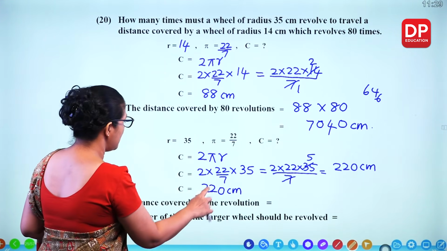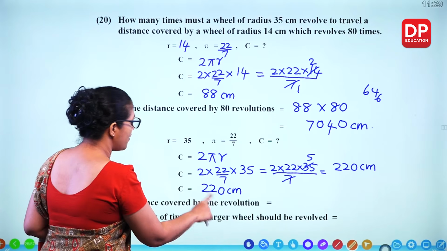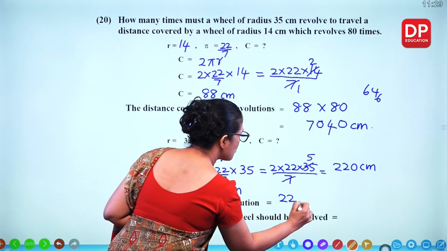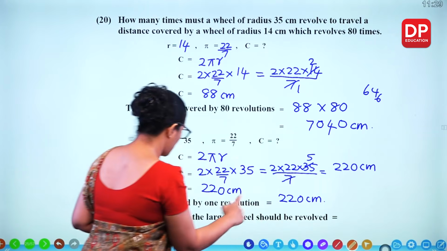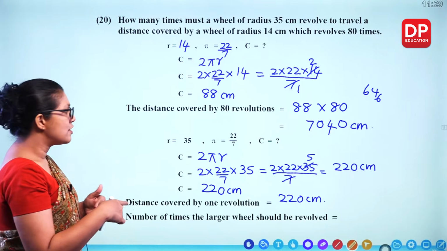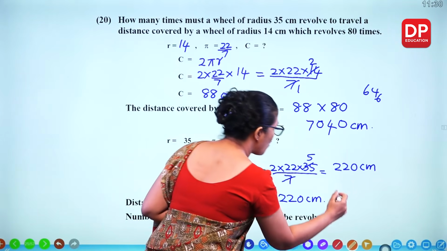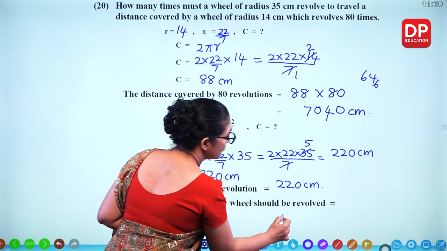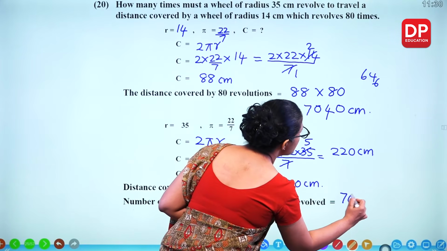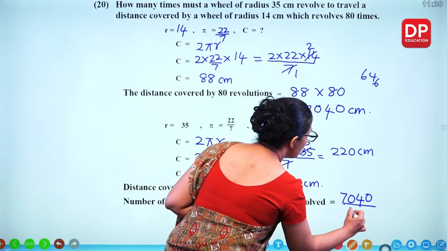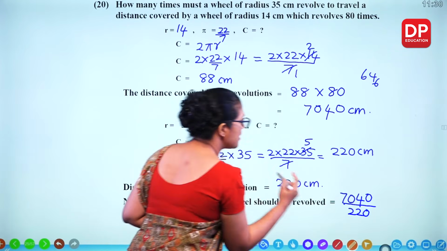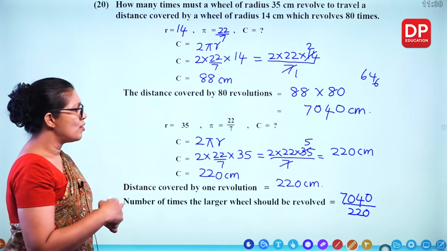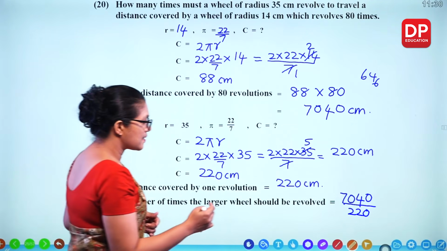So this is the distance covered by 1 revolution. This is 220 centimeters. So how can we find out? We can divide. 7040 is the total distance. Divide by 220. You get how many times you need to revolve to get the same distance.